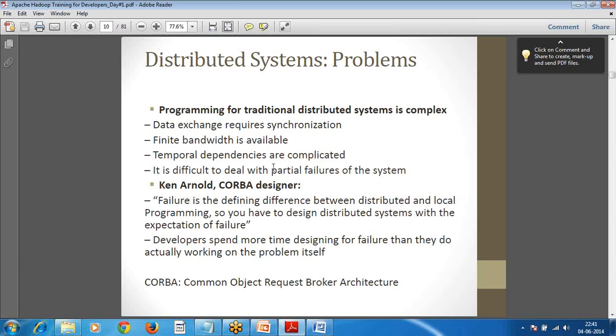So dealing with partial failures was a very crucial thing for distributed systems, and there was no such mechanism in the older times wherein partial failures could be handled for distributed systems.